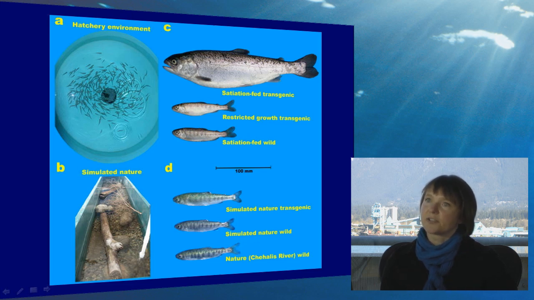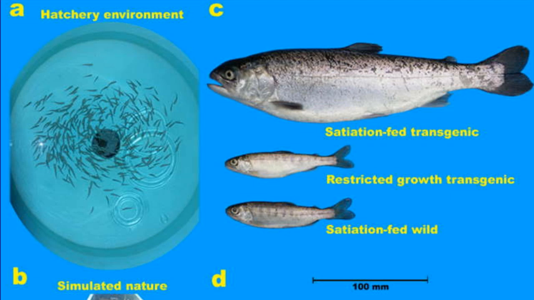If you start to restrict the food that they get, or if you start to rear them under more natural conditions, they start to look more like fish from the wild. And the issue with this is that risk assessment has to be done on a case-by-case basis. So you can't come up with some general trends and assign it to all situations. It's very dependent on the environment.